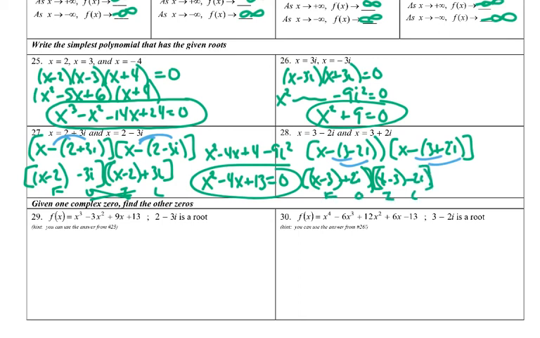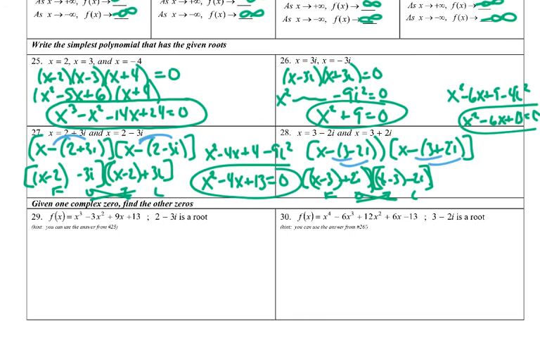FOIL, but I don't have to worry about the outers and inners. X minus 3 times x minus 3, I'm going to do it up here. X squared minus 6x plus 9, and then minus 4i squared. So x squared minus 6x plus 13, again, equals 0. And don't forget the equals 0, right, because it's an equation.